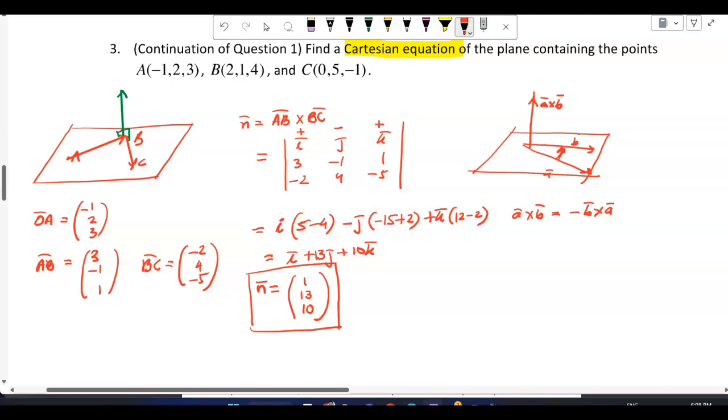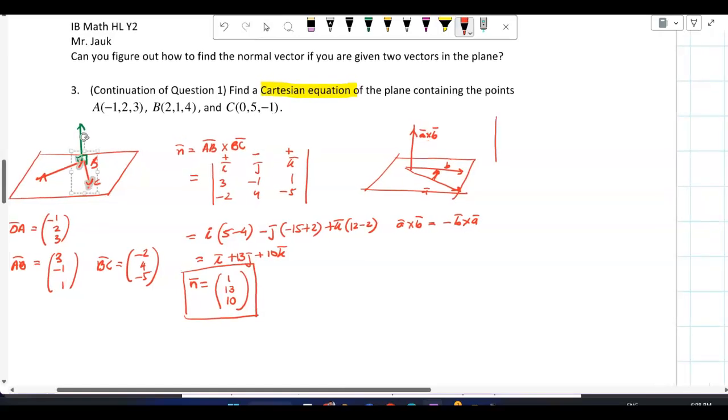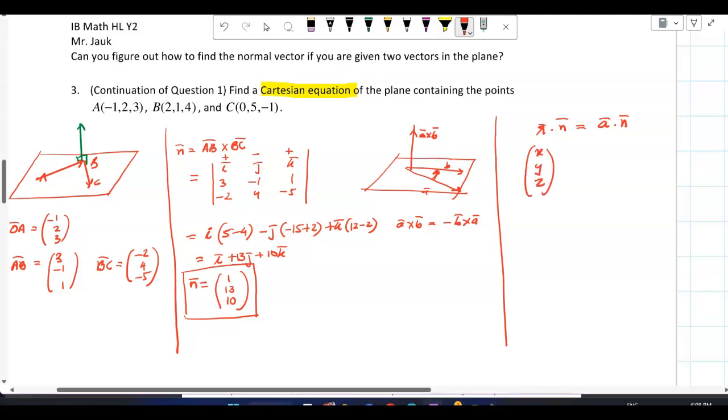Now I have to go back to the equation. R dot n is equal to A dot n, any point. So R is your x, y, z, dot n is 1, 13, 10, is equal to A dot n. A is minus 1, 2, 3, dot 1, 13, 10.